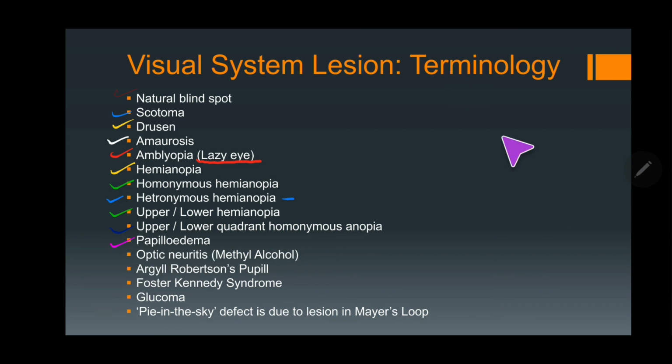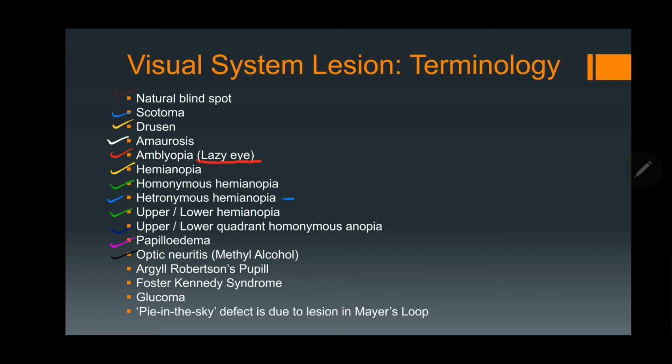Then talking about optic neuritis. Optic neuritis is basically any sort of inflammatory cause, might be any infection, meningitis, which might cause inflammation of the optic nerve. And methyl alcohol, as it is said, is the most common cause of blindness due to optic neuritis, causing a defect at this optic nerve.